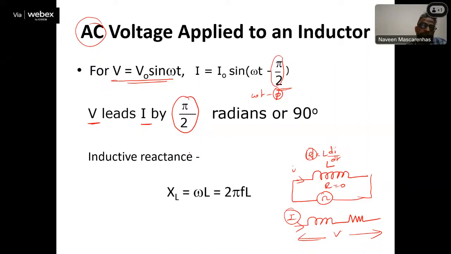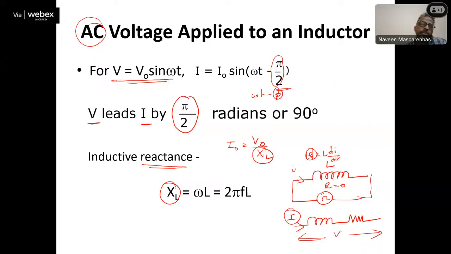In defining all this, we get I naught equal to V naught by XL, not R. And what is this XL? XL is the reactance. Reactance is nothing but the opposition offered by the coil to the flow of AC.